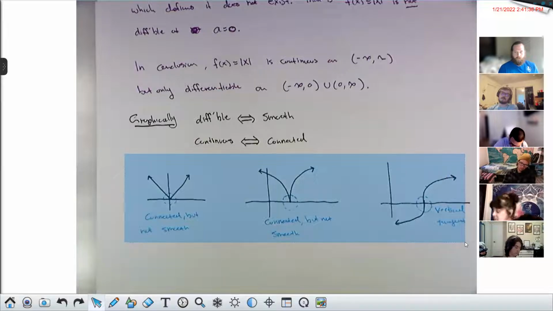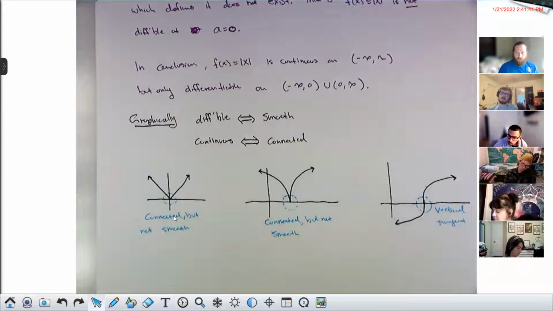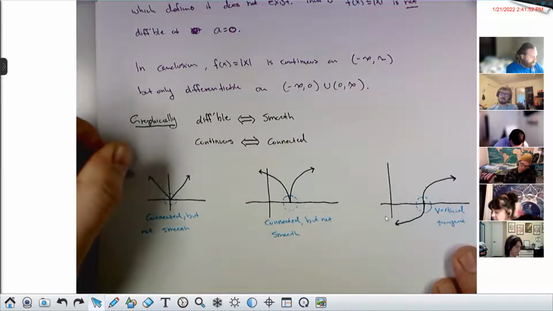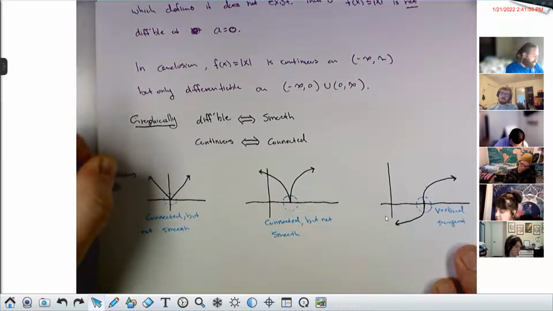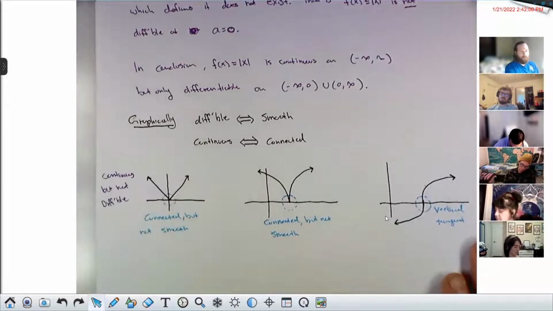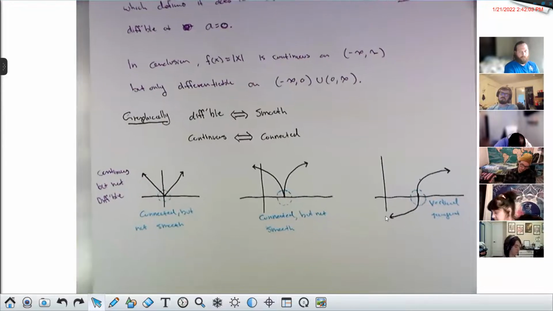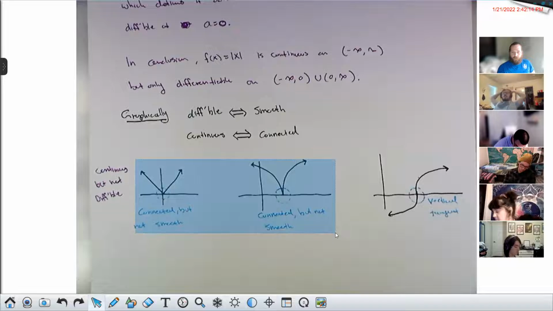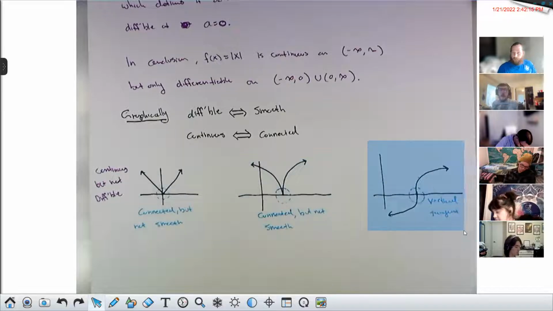All three of these graphs are continuous at the indicated point, but are not differentiable at the indicated point. Okay, these are all ways that the limit defining the derivative can fail to exist. Here, the limits would fail to exist. And here, the limit defining the derivative would fail to be finite.